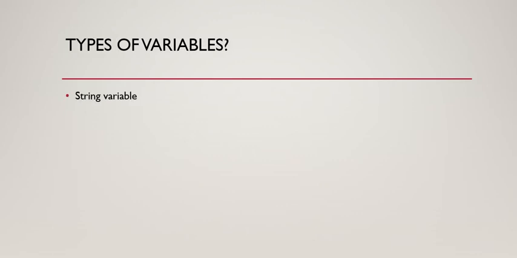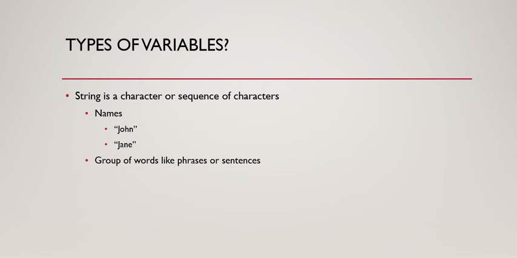So the first one is the string variable. A string variable is a character. It could be a single character, or it could be a sequence of characters or sequence of words. So a string variable can contain a name or names like John or Jane.